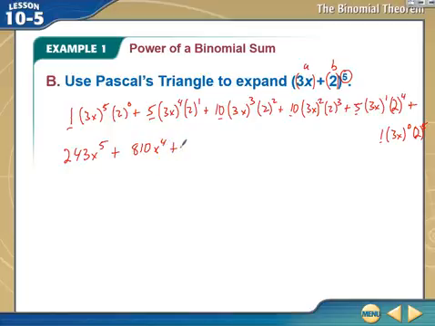and then I do 3 cubed, that's 27, times 2 squared, which is 4.